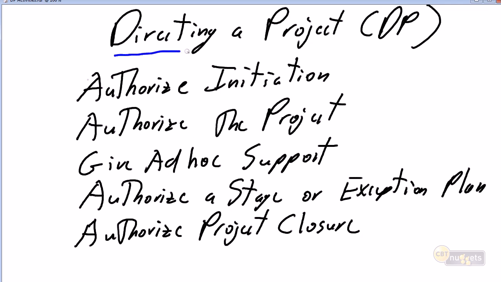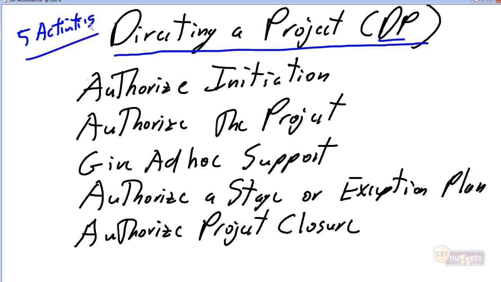And while there are no true deliverables from directing a project, again DP, there are specific activities. There are 5 activities that we expect senior management to be aware of and commit their time and attention to, to ensure our project success.